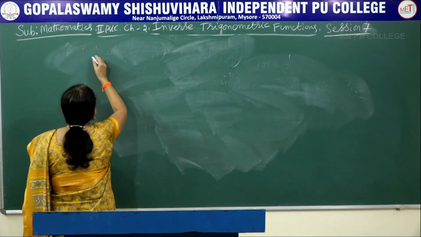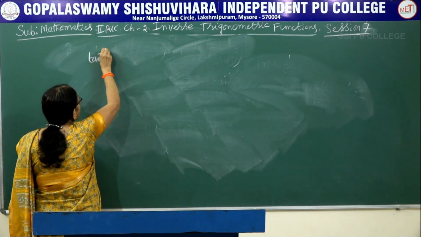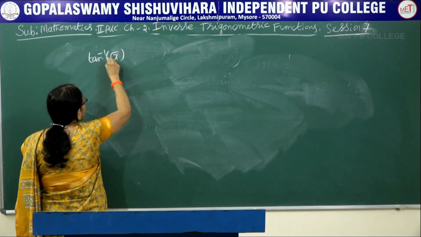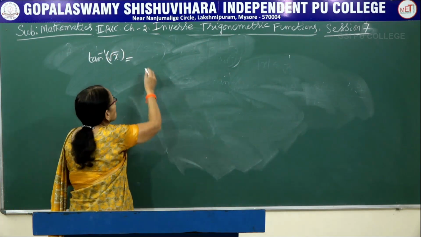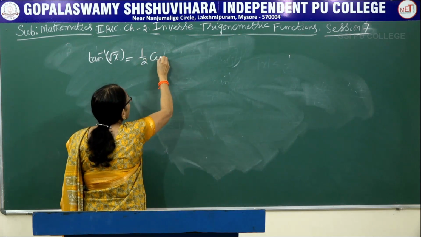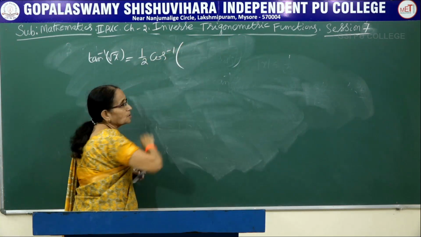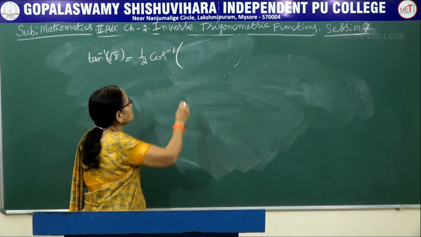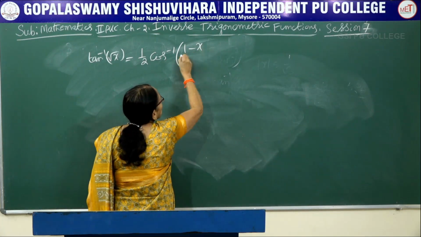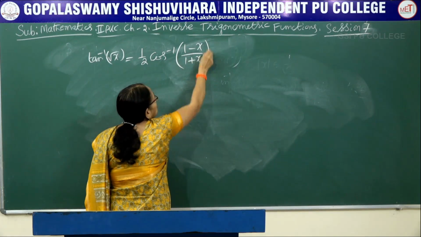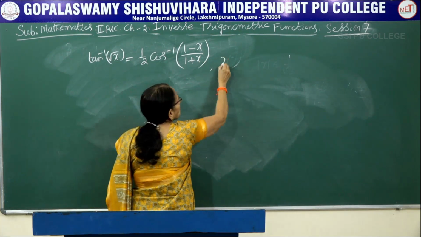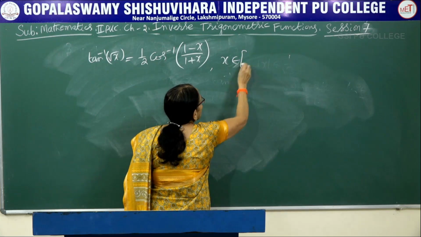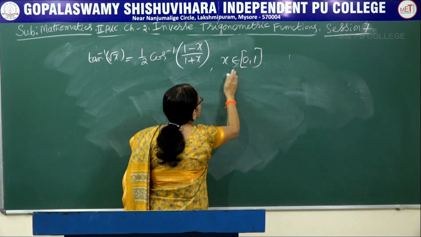You have to prove that tan inverse of root x is equal to half of cos inverse of (1 minus x) over (1 plus x), where x belongs to the closed interval [0, 1].